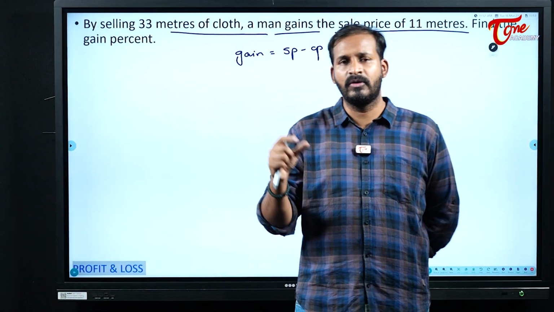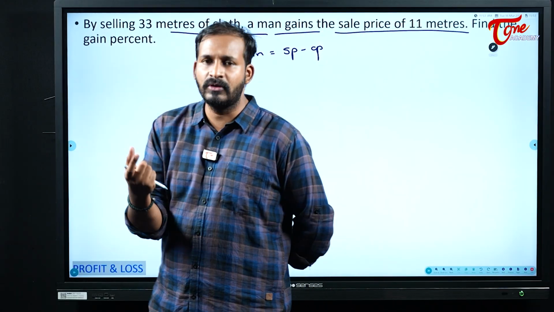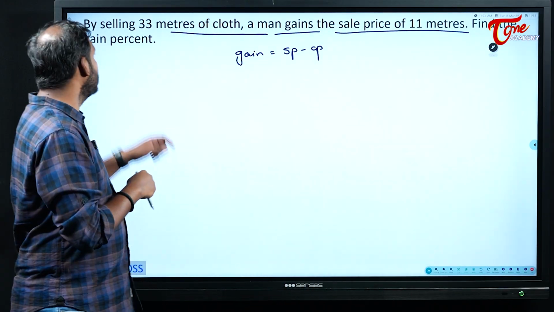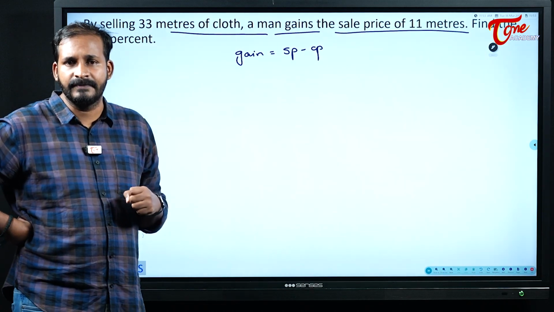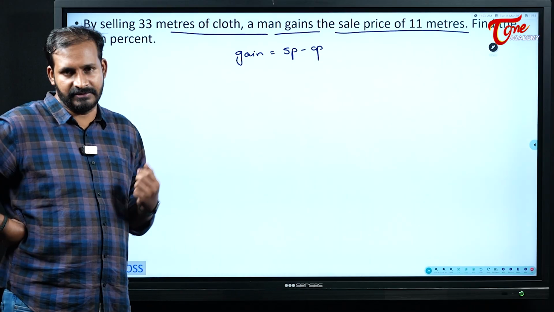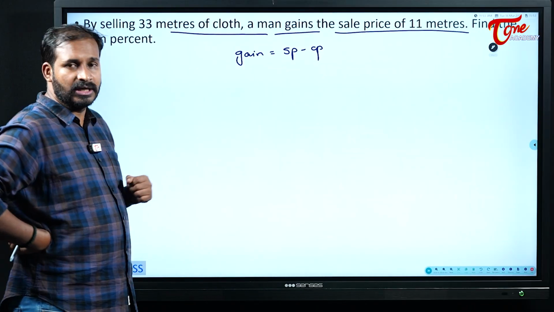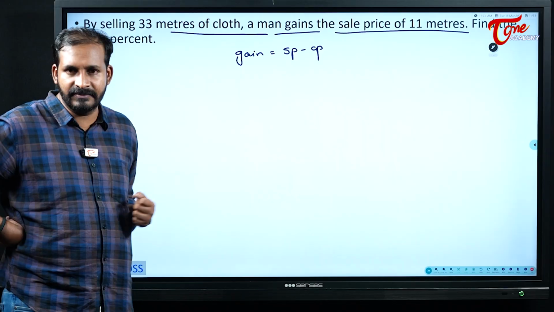Which SP and which CP will you compare? Always the amount of things which you purchased with the amount of things which you sold, right? That means, by selling 33 meters, initially also he should purchase or manufacture 33 meters of cloth. Then only he can sell 33 meters of cloth, right?